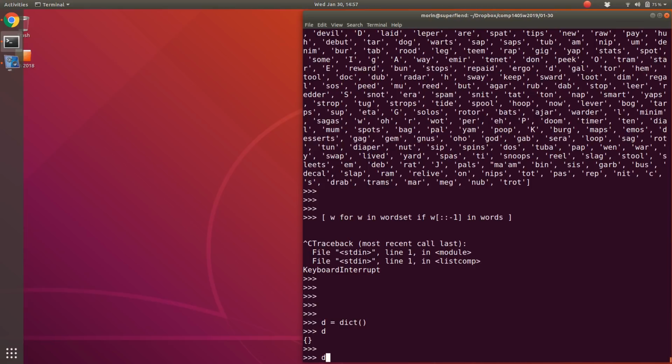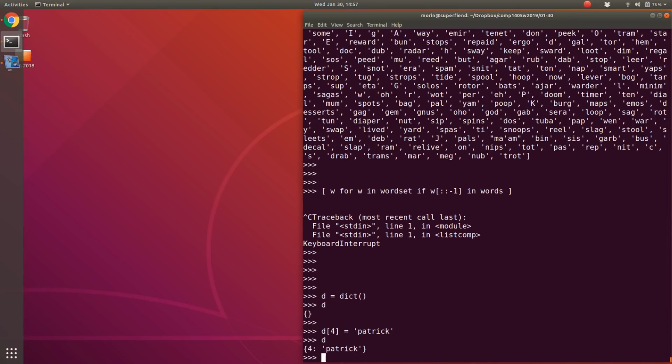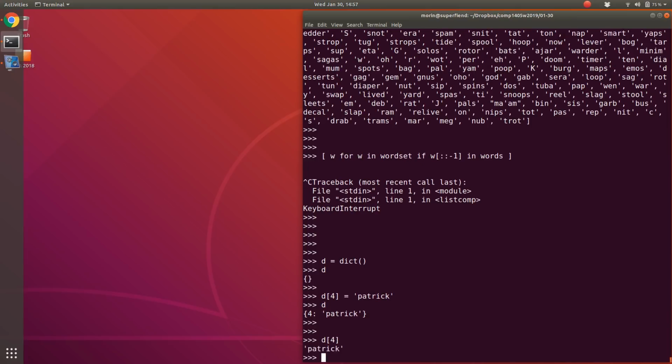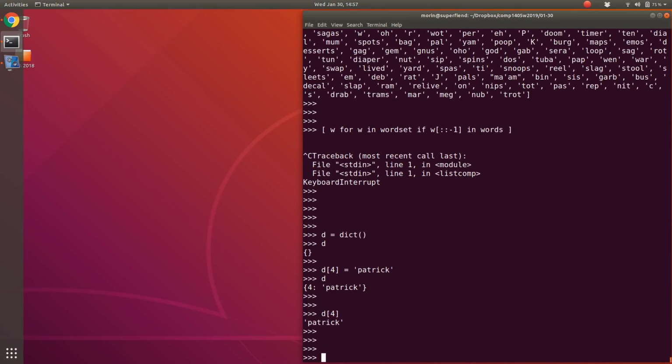So I can say, for example, D at 4 is equal to Patrick. If I look at this thing, it tells me my dictionary contains one entry, the mapping from 4 onto Patrick. And if I say, what is D at 4? It's Patrick. Okay?